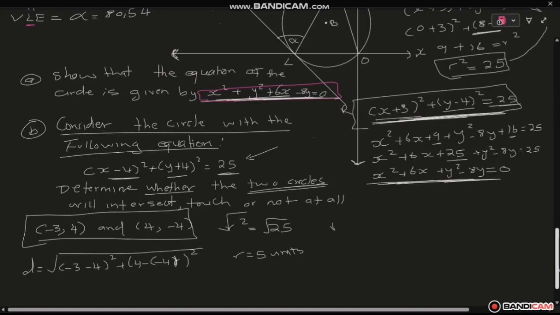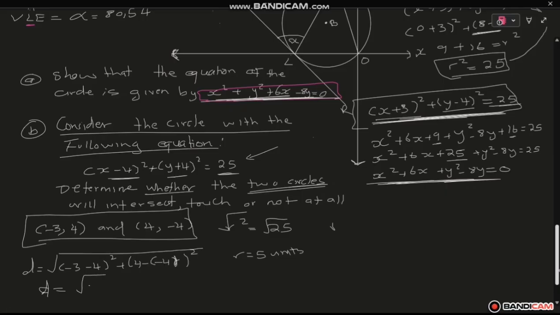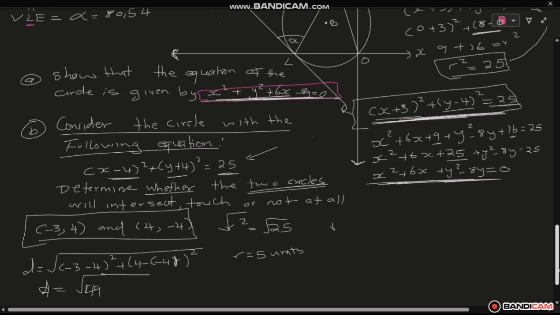Therefore distance equals, inside the first bracket we're going to have 49, because negative 7 squared is 49, then plus 4 minus negative 4, it's going to give us positive 8.